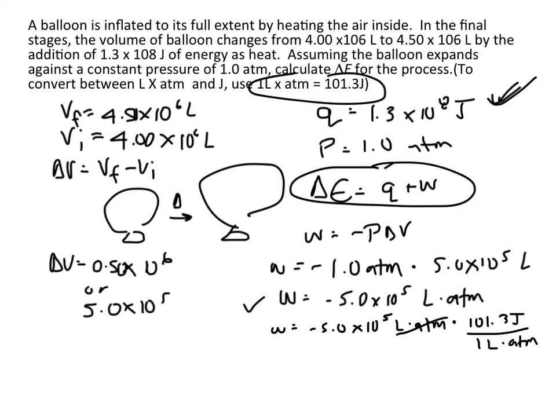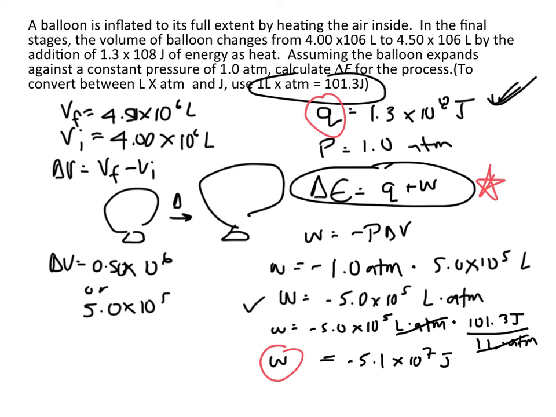Okay, go ahead and plug those in. Units cancel out there, and our work is going to be equal to negative 5.1 times 10 to the 7th joules. So now that we have both Q and W in the appropriate units, we plug them into this equation to get our final answer.